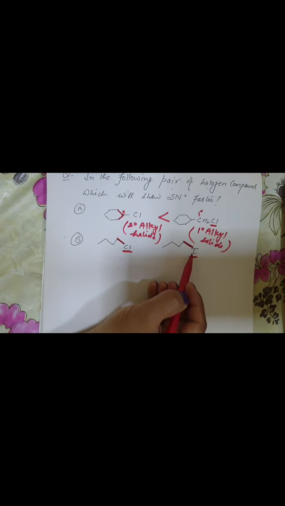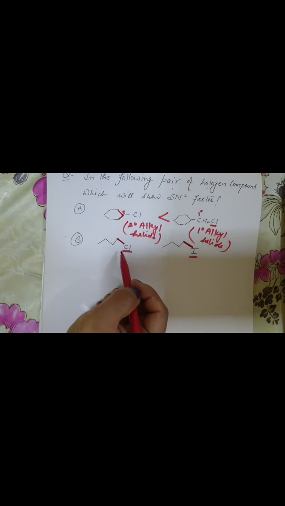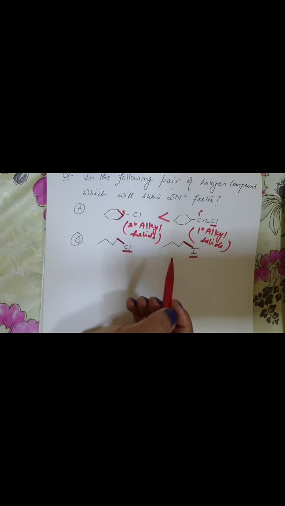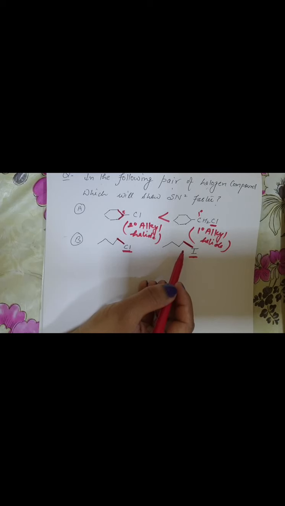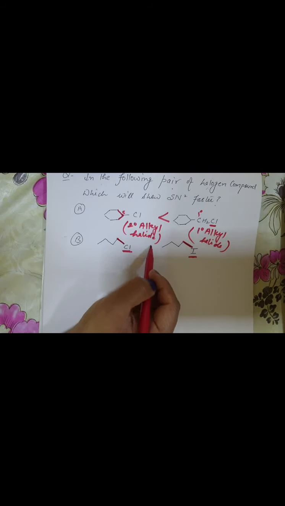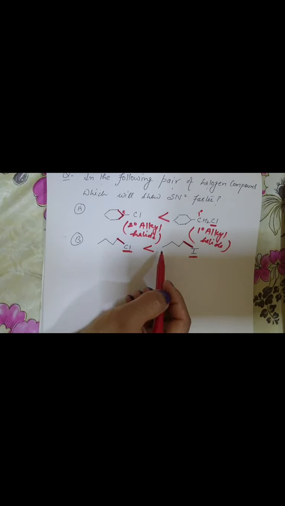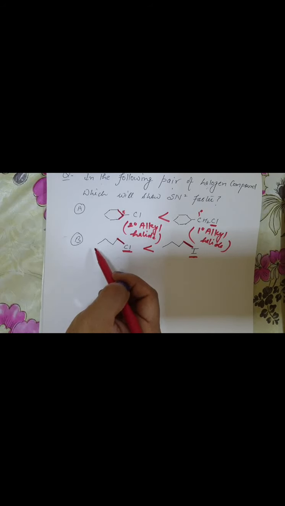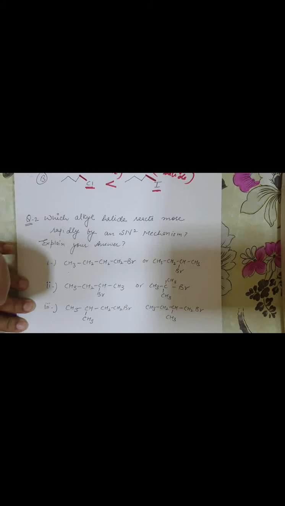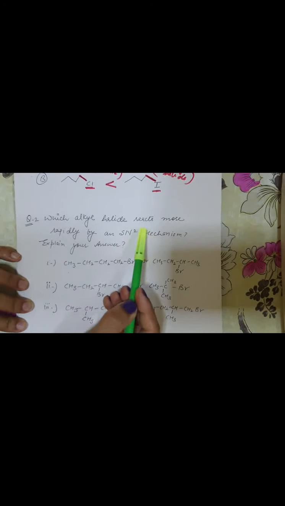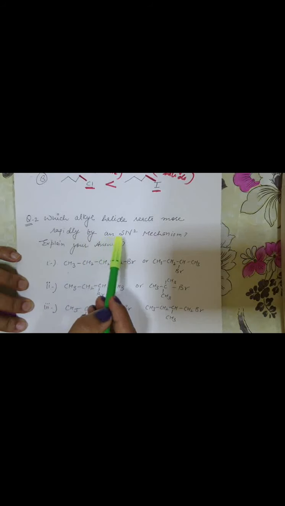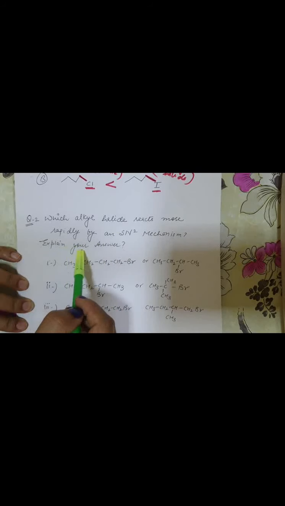So iodine will leave easily in comparison to chlorine because of its larger size. That's why the rate of the reaction will be faster in iodobutane in comparison to chlorobutane. Now consider one more example. Which alkyl halide reacts more rapidly by an SN2 mechanism? Explain your answer.